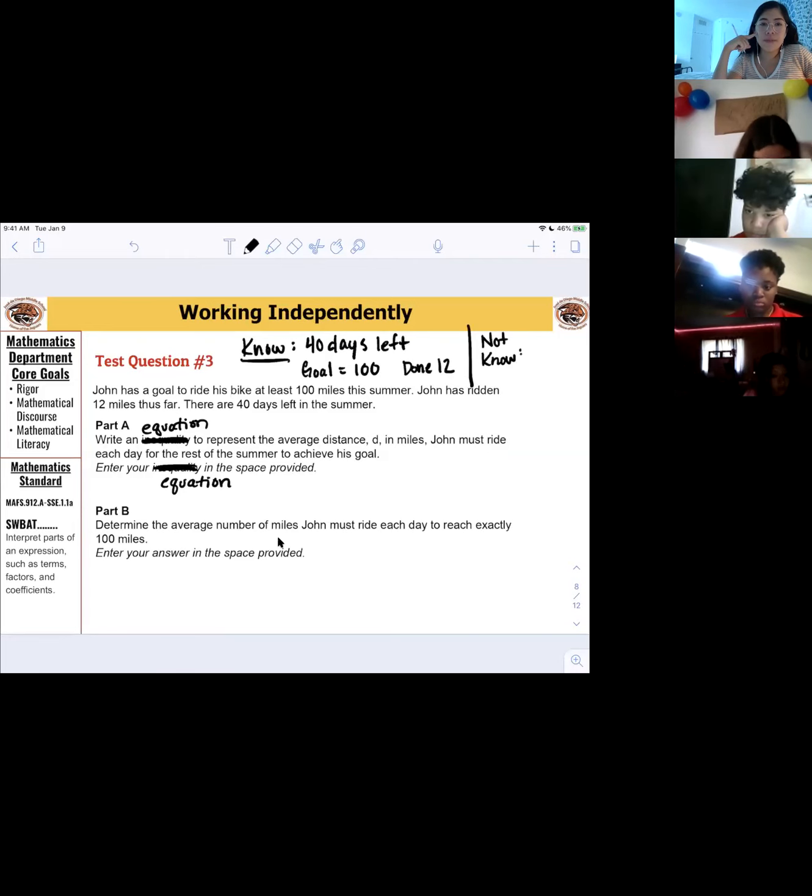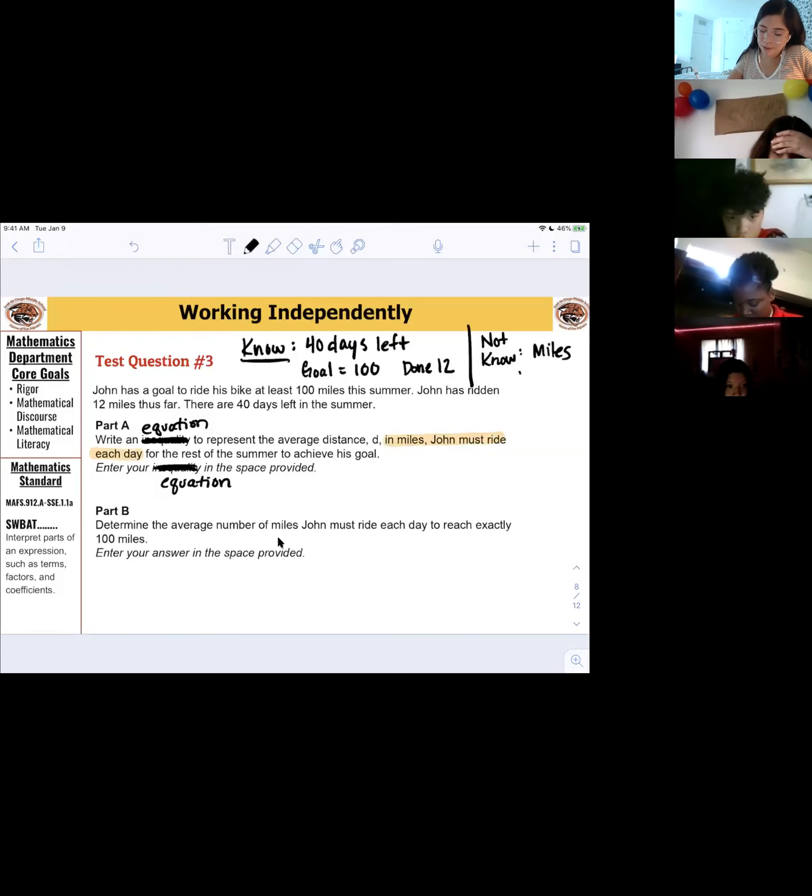Well, we know there's 40 days left. We don't know how many miles he has done per day? Good. There you go. So if you read it again, you can see it here. We need to know how many miles John must ride each day. That's what we don't know. The miles per day.